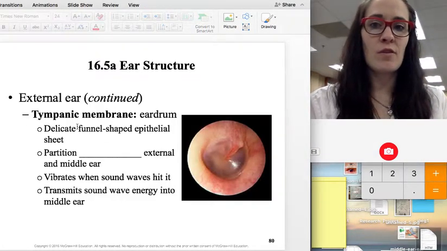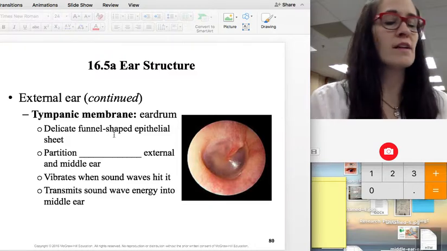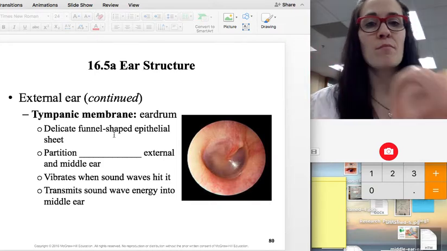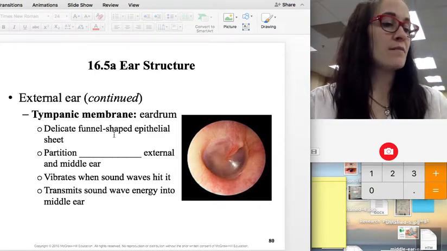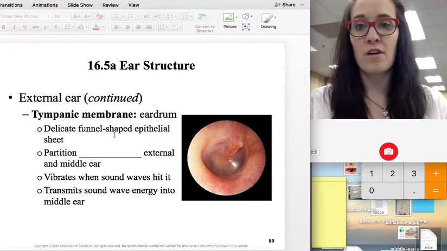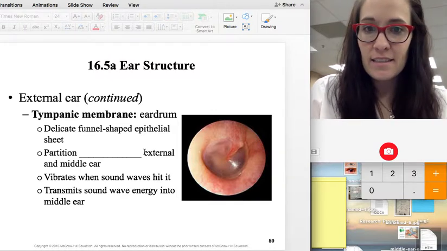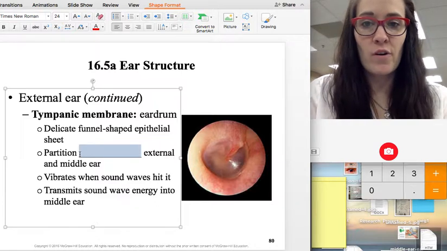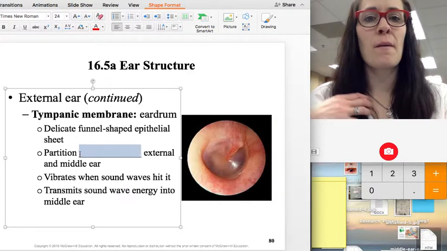This is a view of the tympanic membrane. So once sound waves get through the canal, they reach the tympanic membrane. And this is like a drum, so it's nicknamed the eardrum. It sits at the partition where the external and middle ear meet.